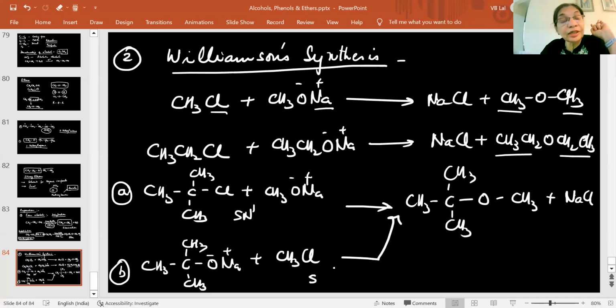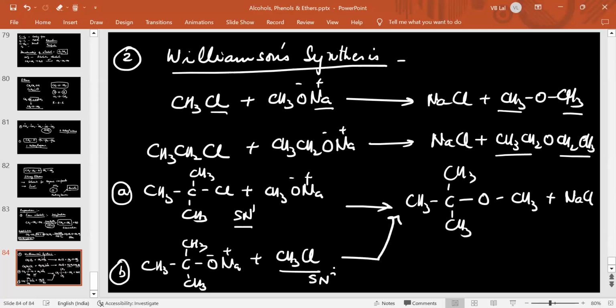So CH3Cl is the substrate. I have to understand whether it is SN1 or SN2 depending on the nature of the alkyl halide. So the alkyl halide here is tertiary, so it is SN1. Here the alkyl halide is primary. So what will it be? SN2. This is SN2, right?